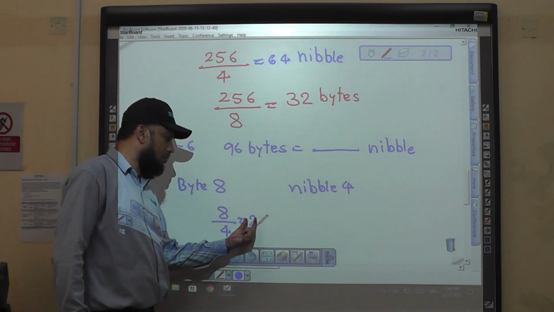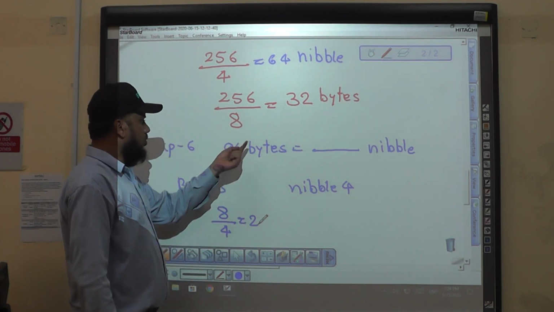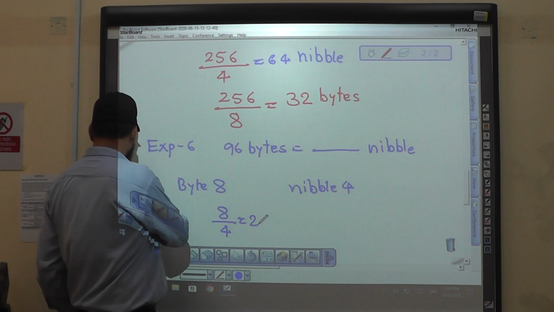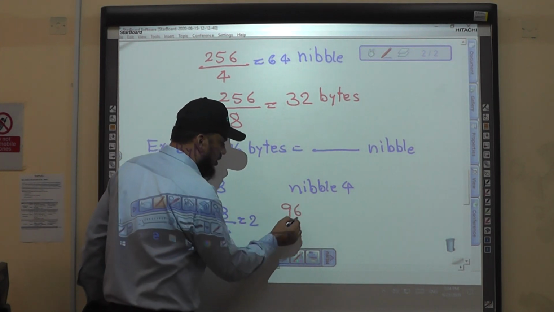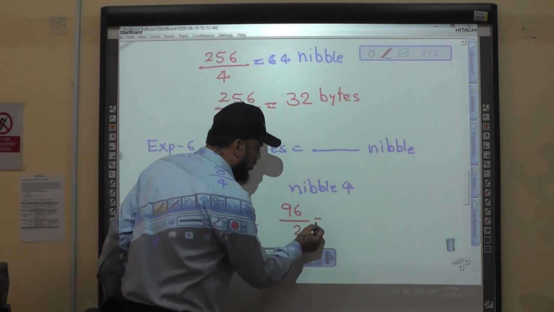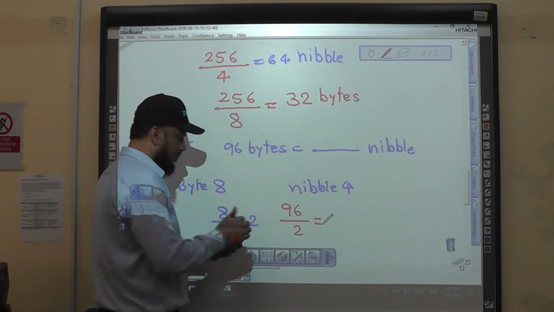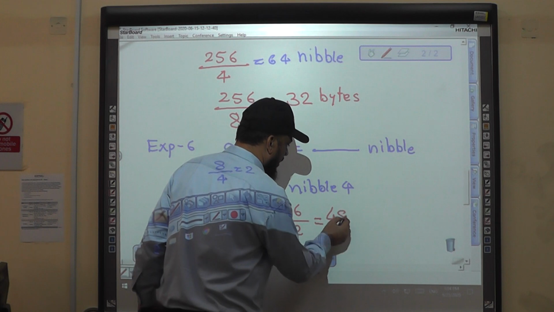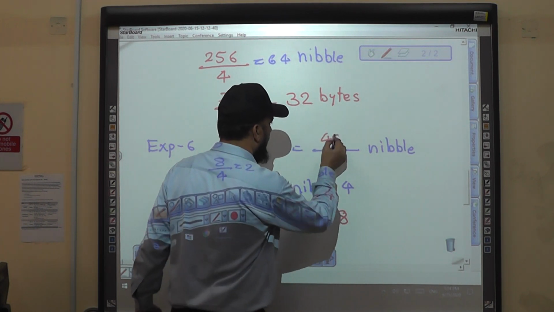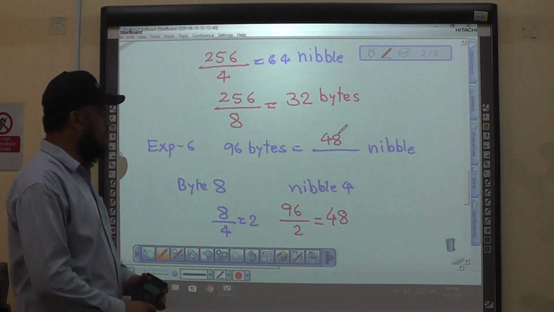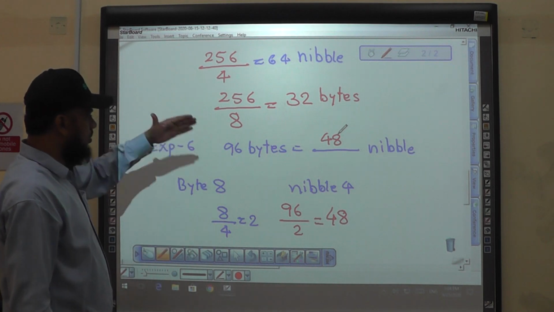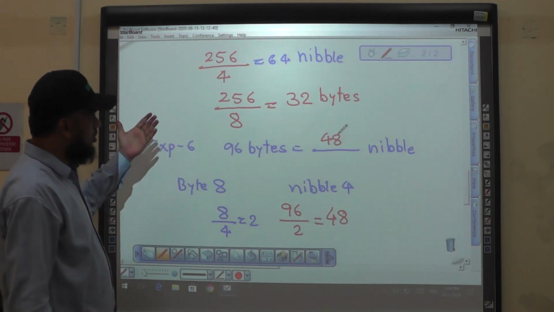So 2 nibbles means 1 byte. So for 96, multiplying by 2 gives the answer for nibbles, 48. So in this way we can calculate bytes to nibbles, nibbles to bits, bits to bytes.